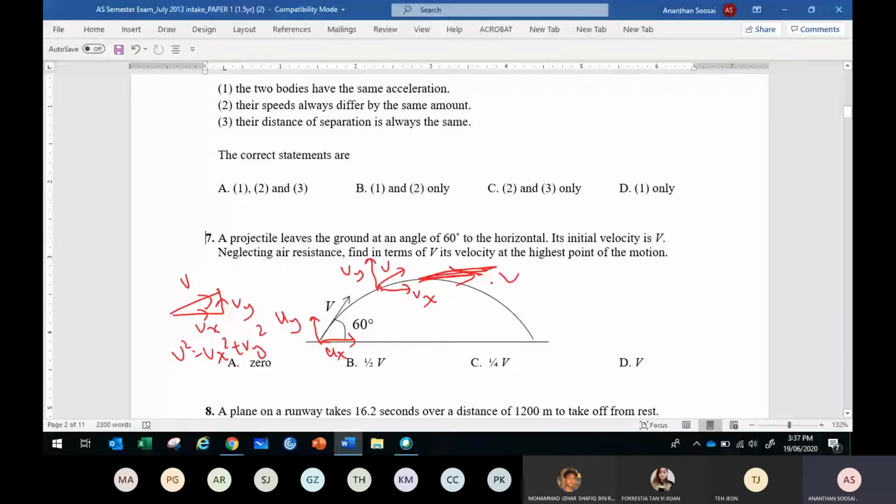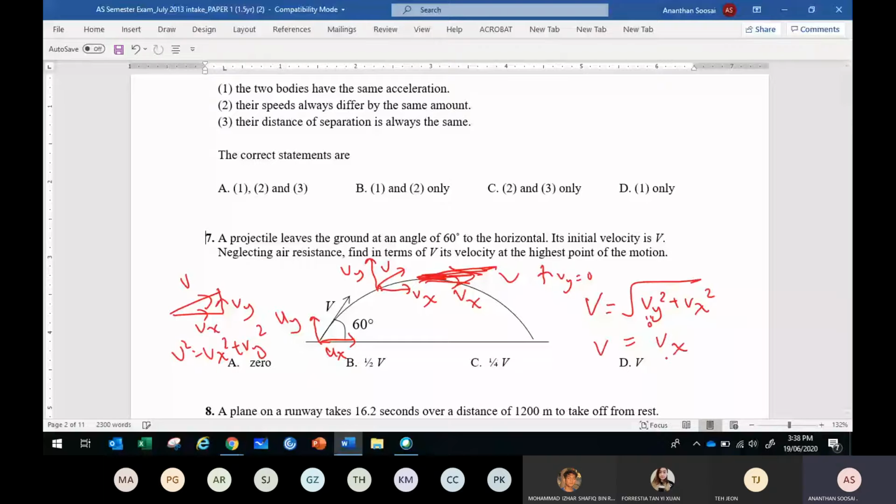Because it's moving perfectly horizontal, the Vy becomes 0, no Vy component. But it still has Vx. Vx is still there. So the conclusion is V squared equals Vy squared plus Vx squared. Because Vy is 0 at the top, only at the top, V is the same as Vx.